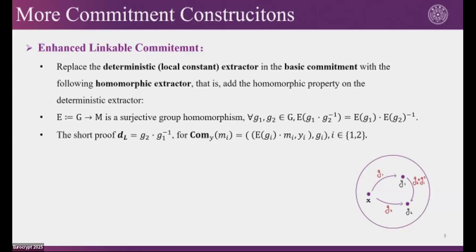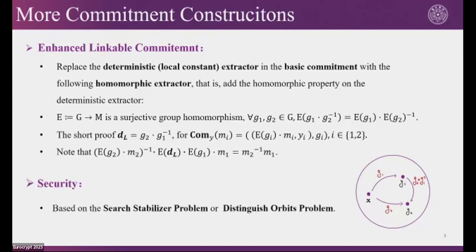So the short proof for two commitments will be the loop element that maps Y1 to Y2. And so we can prove the value of M2's inverse times M1 in such a way.